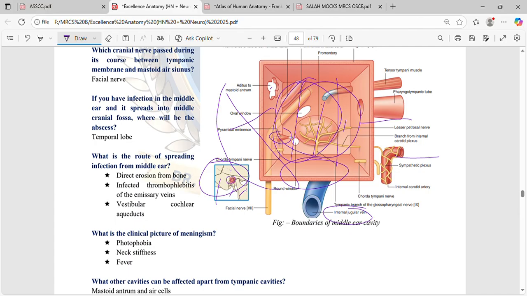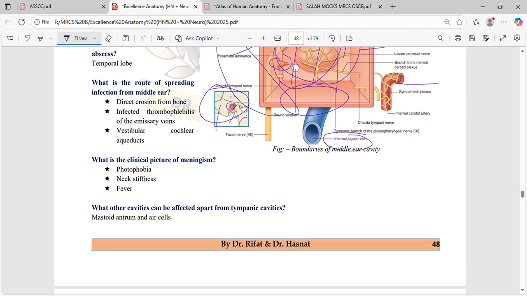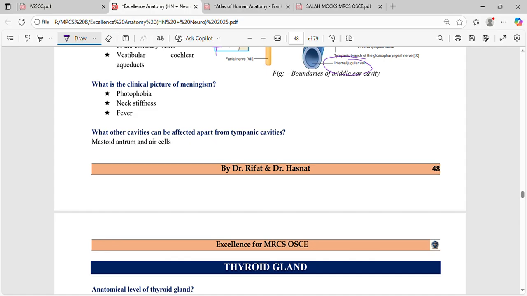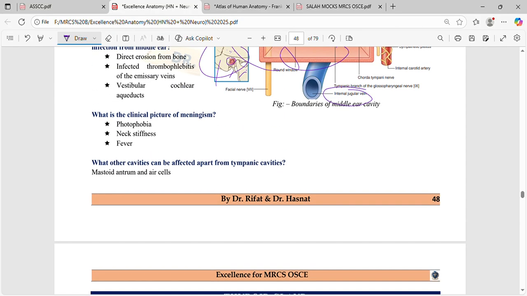What are the routes of spreading infection from the middle ear? Direct erosion of bone, infected thrombophlebitis of the emissary veins, and the vestibular aqueduct. What is the clinical picture of meningism? Photophobia, neck stiffness, and fever, with Kernig's sign.